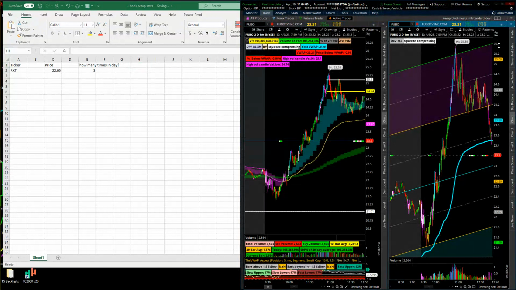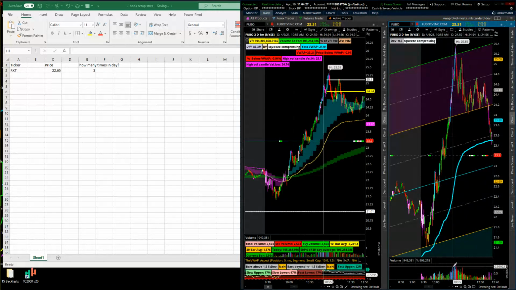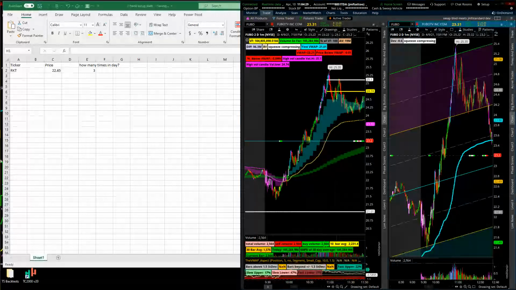Okay, what's next? At what time does this usually occur? That is something that is huge. Timing on these things is everything to me, right? I noticed with my ABCDs that the ABCD setup usually starts forming between 10 and 11 a.m. Oh, geez, put in Fubo.